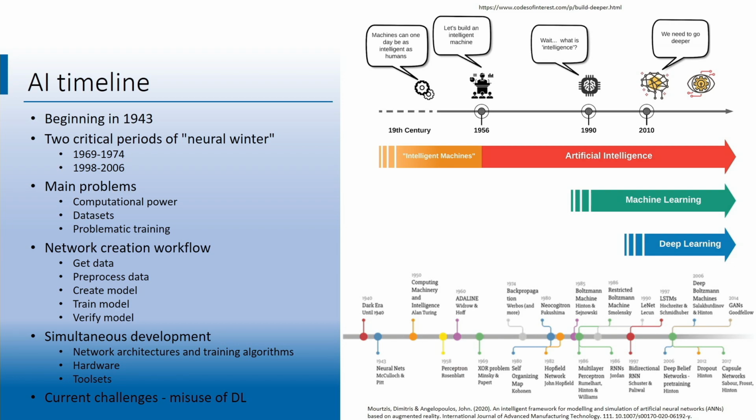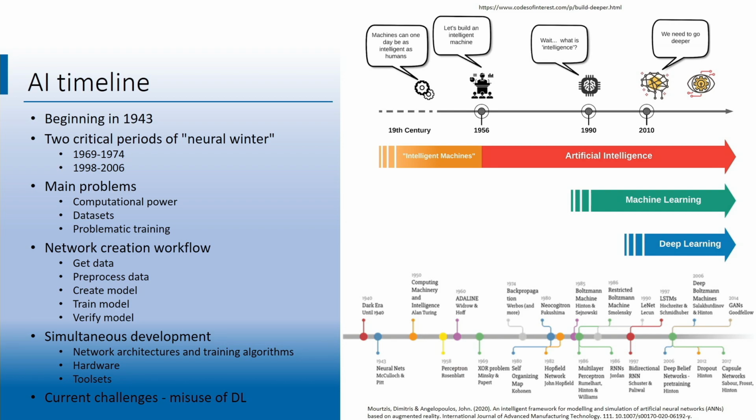All those steps needed some development in three different fields. First is network architecture and training algorithms, which we can basically put into the field of theory in artificial intelligence.